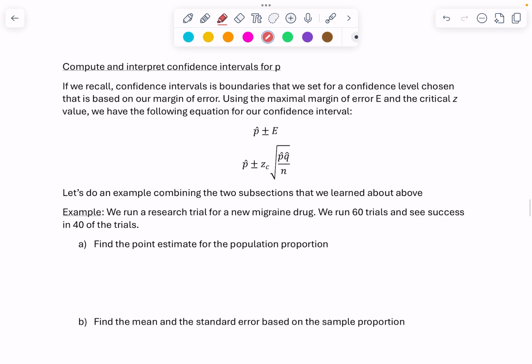And this next part of the section is that we're going to actually compute and interpret these confidence intervals for p, okay? So if we recall, when we talk about confidence intervals, we're talking about the boundaries that we set based off of the confidence level that we choose, as well as our margin of error.